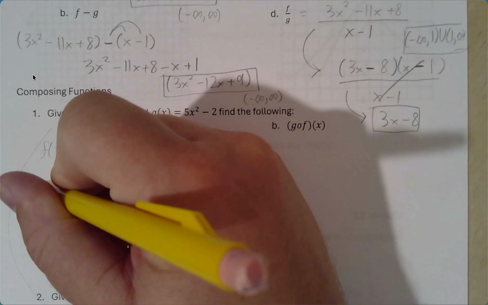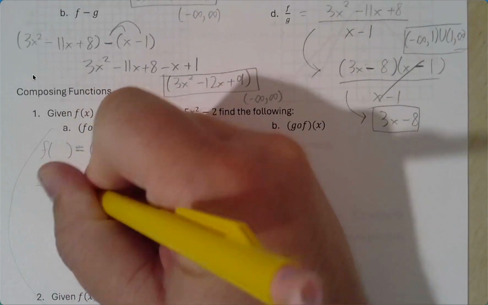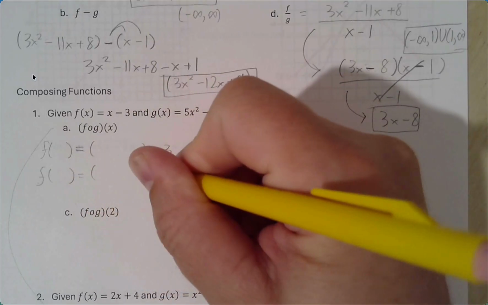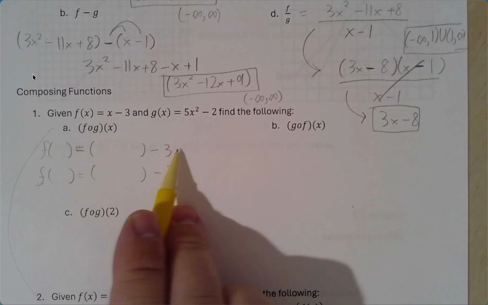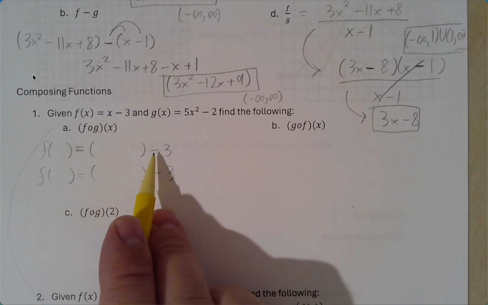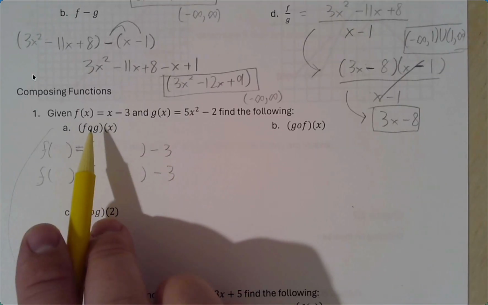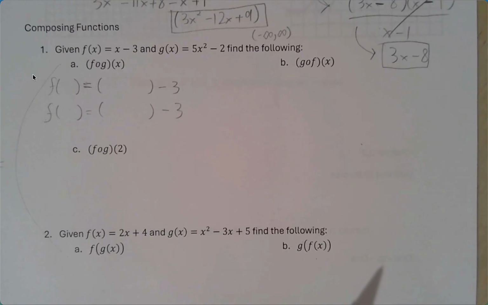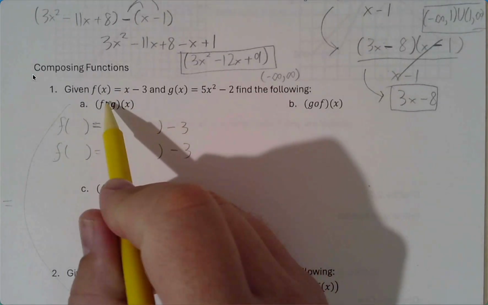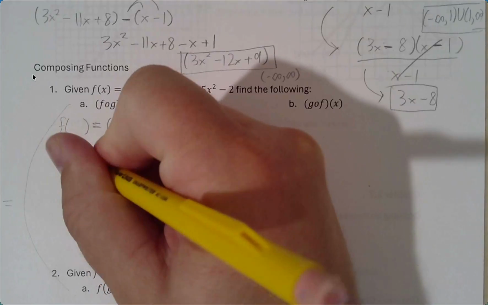And now, watch this. Rather than fill that in directly, this is to help you as you work out your notes, I'm going to copy this again and say, this is like the skeleton of f, and I'm now about to plug g of x into it. And I'm going to borrow the notation from below, and I'm going to say, this is saying I would like you to plug in g of x.